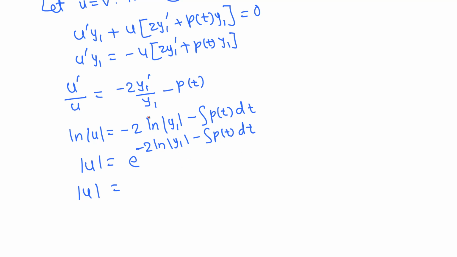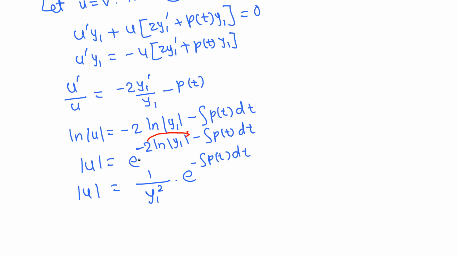And as we know, this negative 2 can be put here, so the e and natural log cancel. y1 raised to negative 2, which is 1 over y1 squared. And when we write square, we don't need absolute value anymore. Negative 2 power means 1 over y1 squared times e raised to negative integral of p(t) dt.